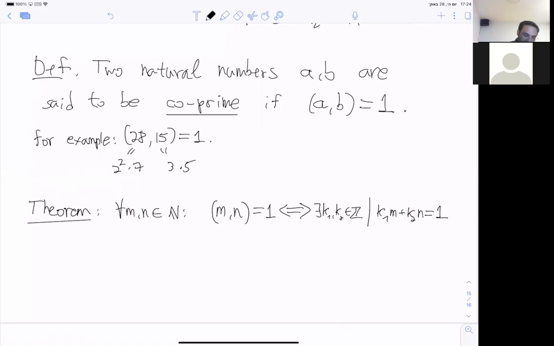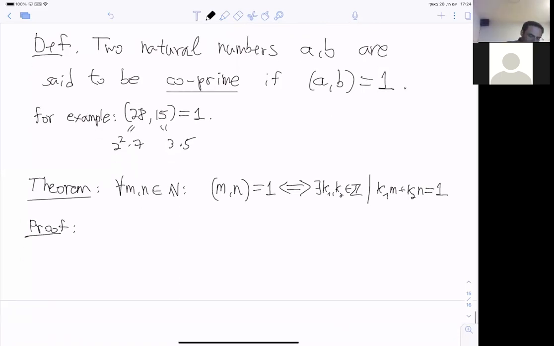So what is the proof of this claim? The proof is, so this direction is always true. This is Euclid. The other direction says the following.